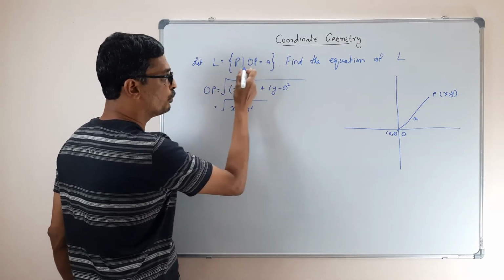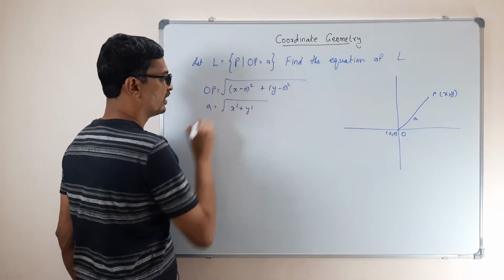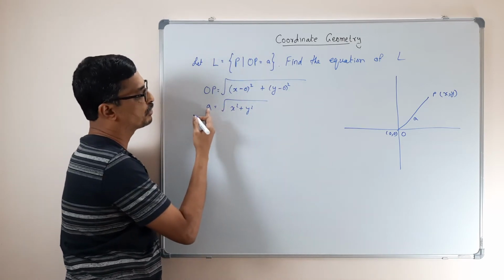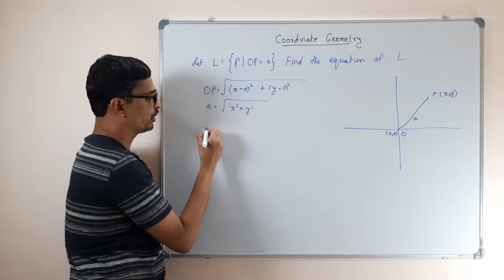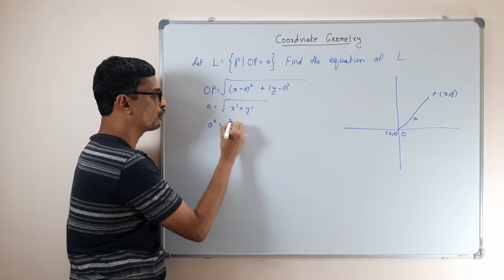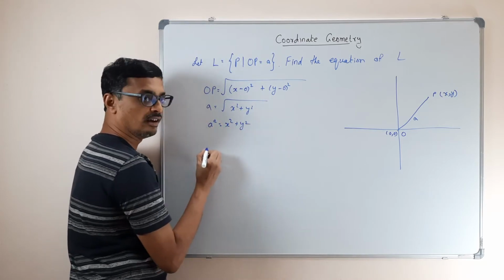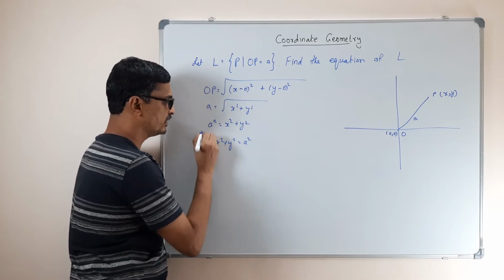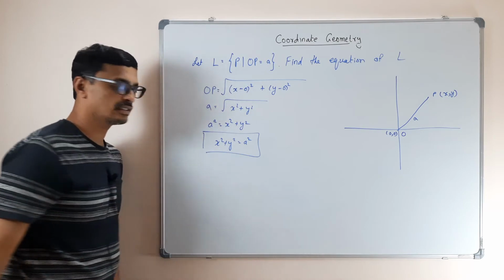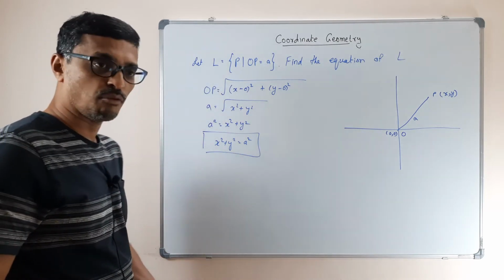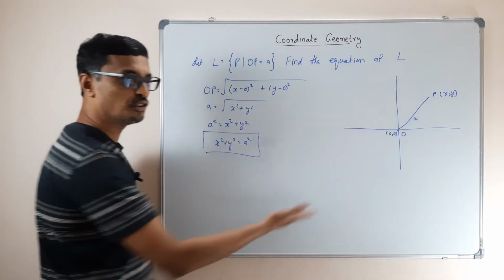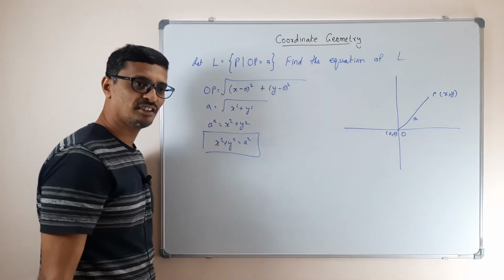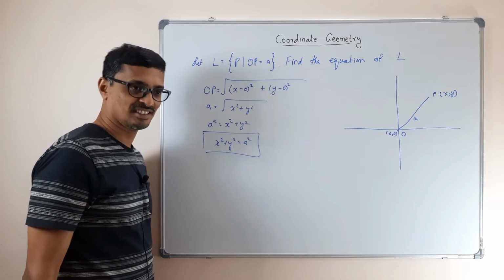OP is given as A. To remove the square root, I square both the sides. So you have A square equal to x square plus y square, or x square plus y square equal to A square. This is the equation of the locus. Any x and y which satisfy this condition lie on a circle. So this is the equation of the locus. You got it?